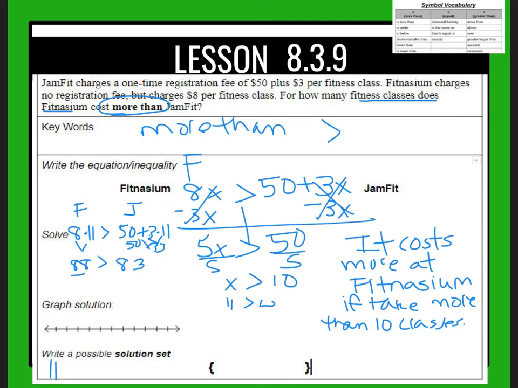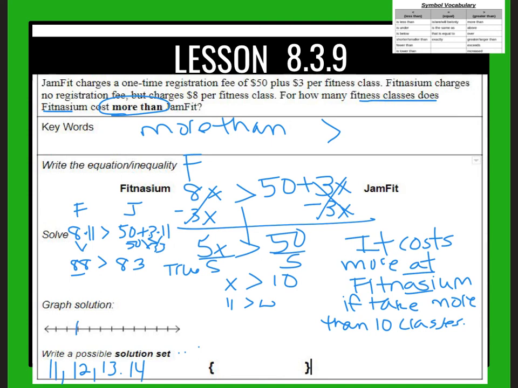Is 88 greater than 83? I'm going to say yes, that makes that inequality true. So if you take 11 classes or 12 or 13 or 14 classes and so forth, when you take more than 10 classes, it will cost you more at Fitnasium than at JAMFit.